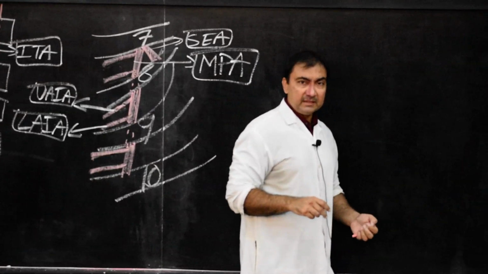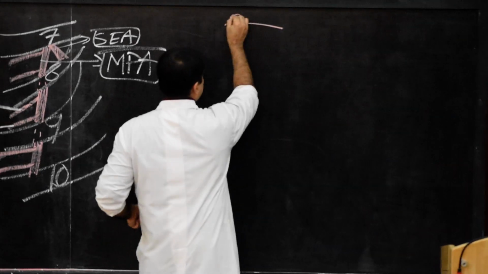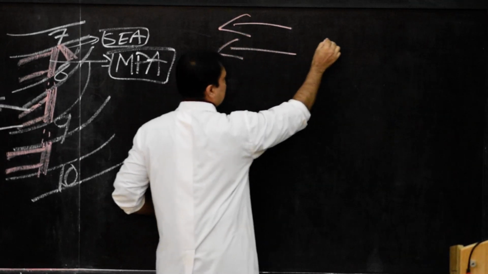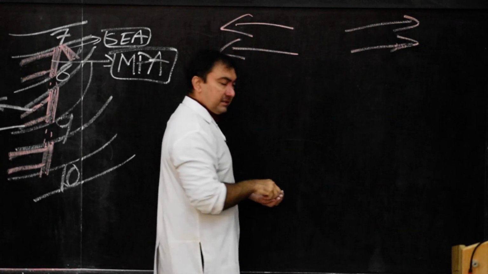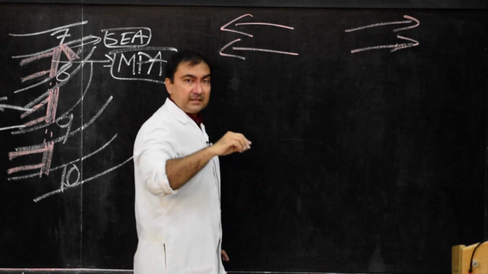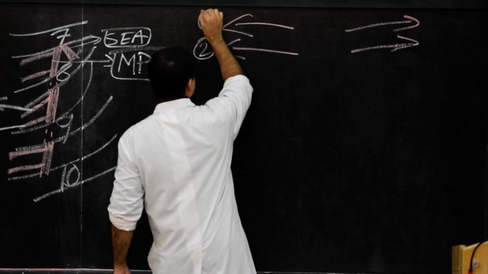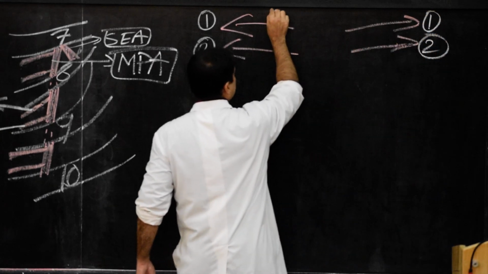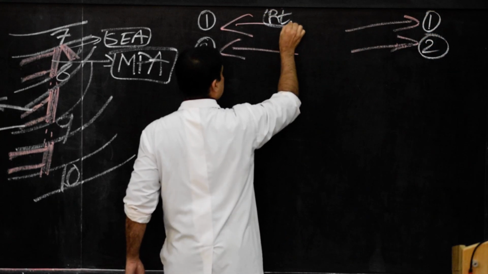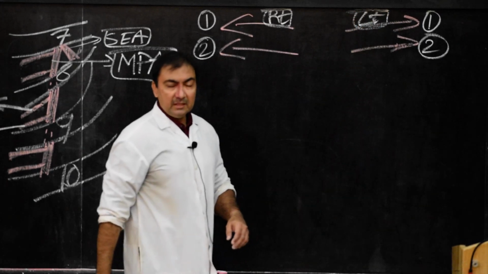So now, with the help of a line diagram, I simply draw the first and second posterior intercostal arteries. Here I write the first, here the second, and here also first and second. This is on the right side and this will be the left side. Very simple.